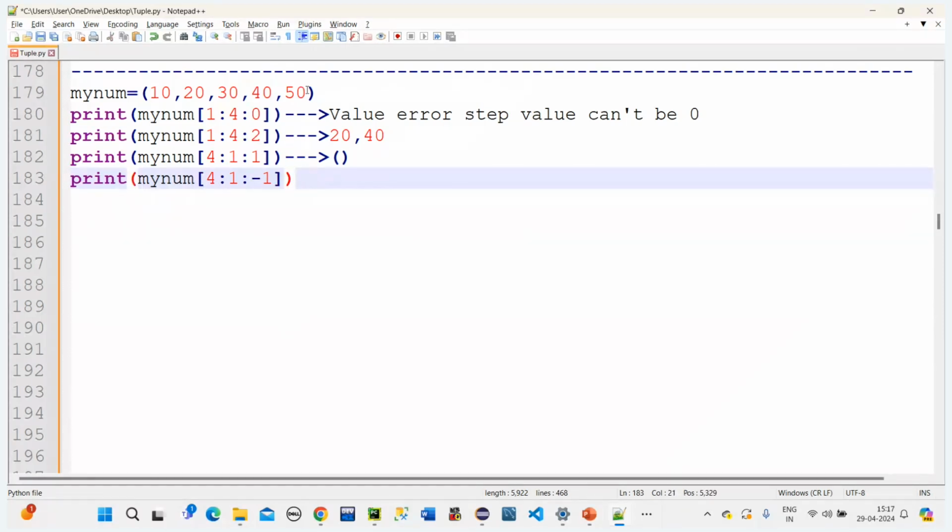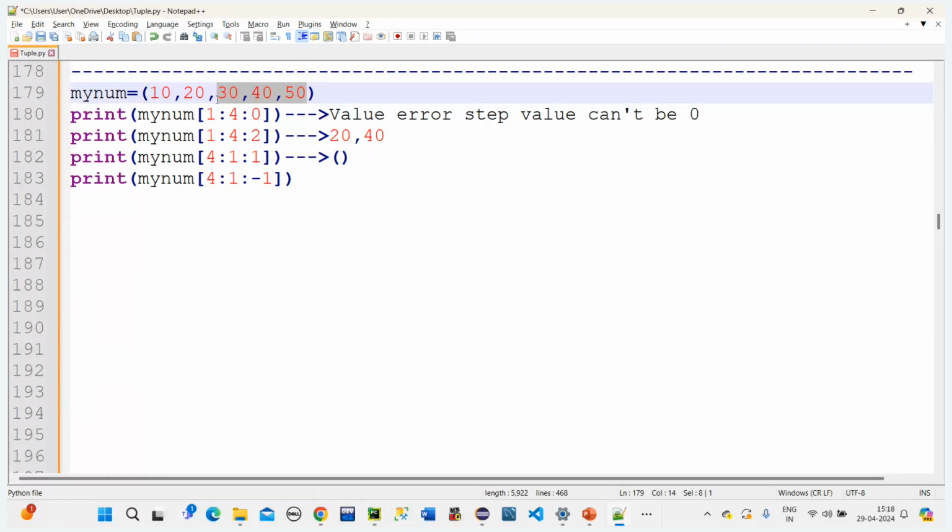4 means what? 50, and it is going till 1. Yes, till 1. So what is the meaning of this till 1? And it is going in reverse direction, because it is -1 here we have. So 4 to 1 it is going. So it will cover 50, 40. This 50 is on which index? Fourth index. Fourth index, third index. Then again, second index.